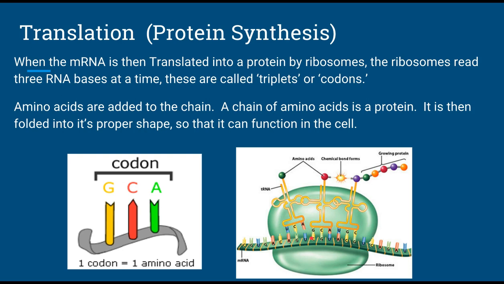So it reads it in these triplets or codons, and each codon has a specific amino acid that it's matched to. These amino acids get added together into a long chain. They form a protein. What happens to it after you have a long protein? It folds into a specific shape where it functions and then contributes to the trait.